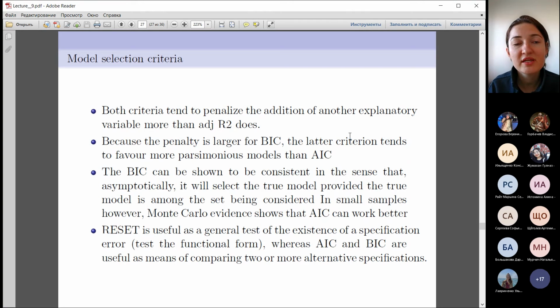This is a test for the non-linear terms. And BIC and AIC have a little bit different task and a different goal. So you can use these criteria when you want to compare and choose the more general form of specification, not only some non-linearities, of course, but also when you take a look in general, in common sense, at models with different variables, not in the linear term, okay?